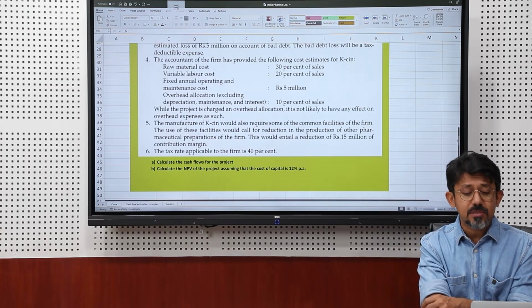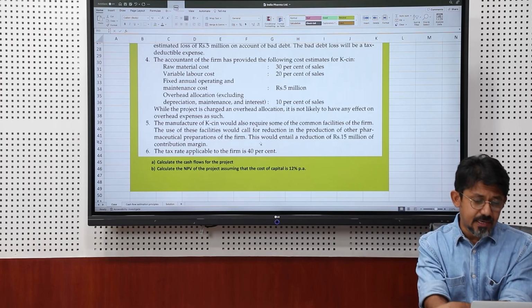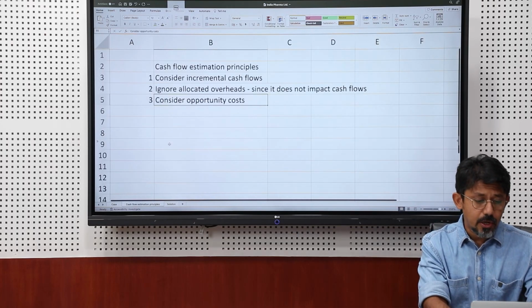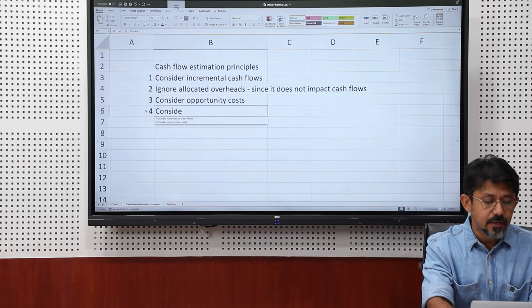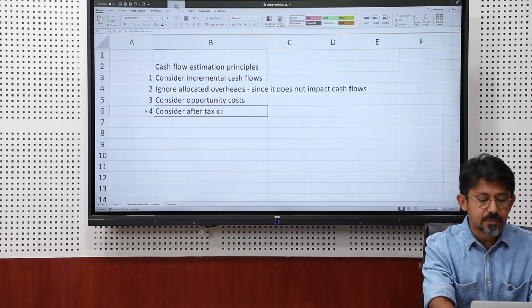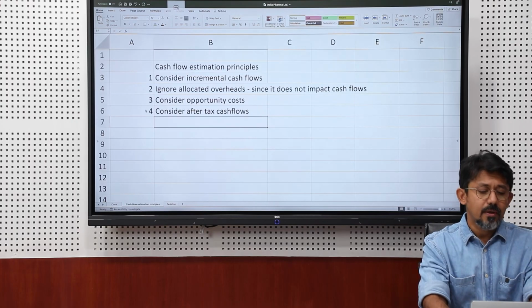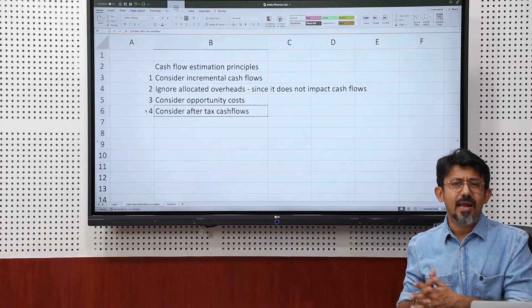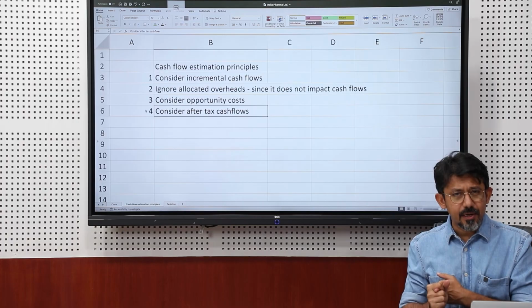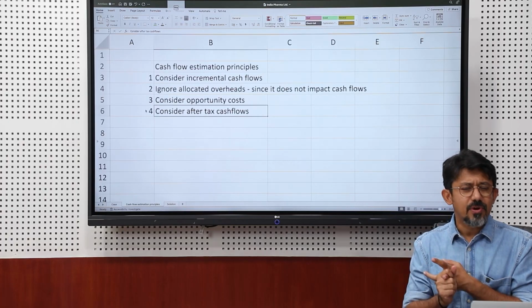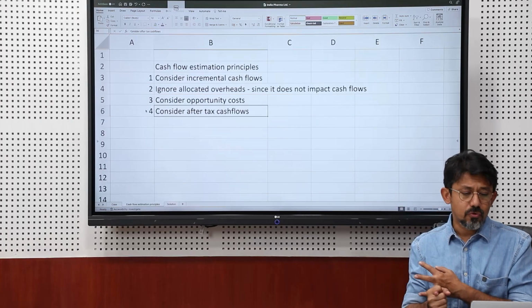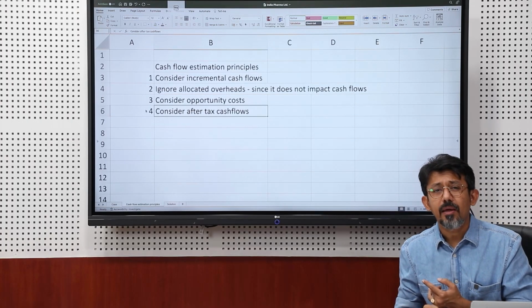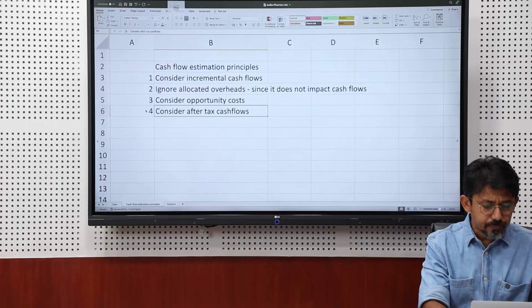And point number 6 is taxation, we have considered tax. Let me add that as a point to my cash flow considerations, that is consider after tax cash flows, right. So, these are 4 points that we have looked at till now, considering incremental cash flows, considering opportunity cost, considering after tax cash flows, and ignoring allocated overhead costs.